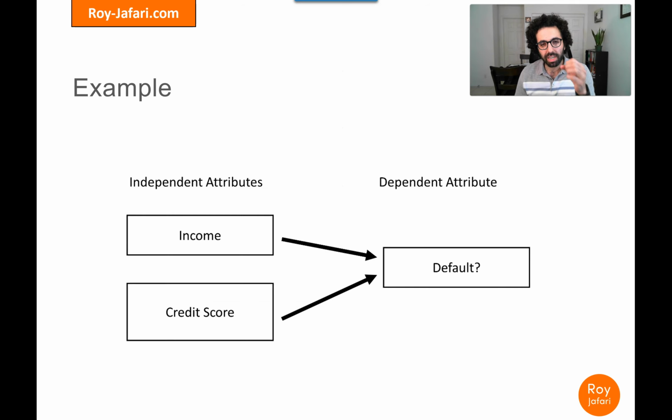I mean recognizing these independent attributes that can benefit the prediction model and help you predict the dependent attribute. Of course, for a credit company, knowing whether a customer is going to default on their loan or not is significant. So that dependent attribute is significant for them.